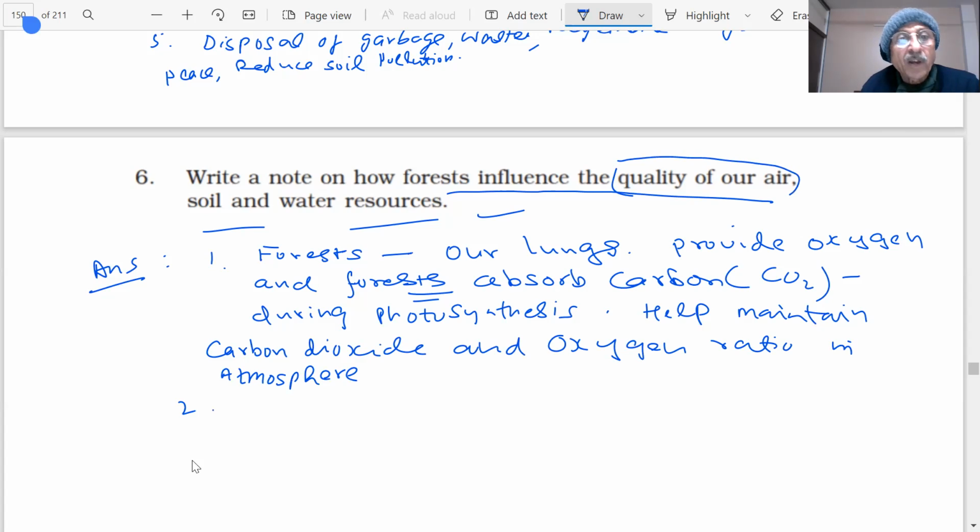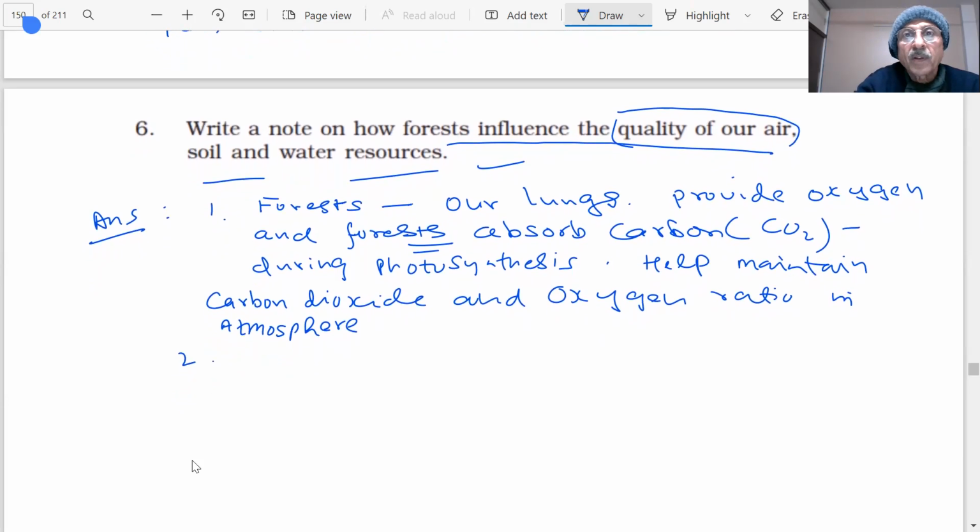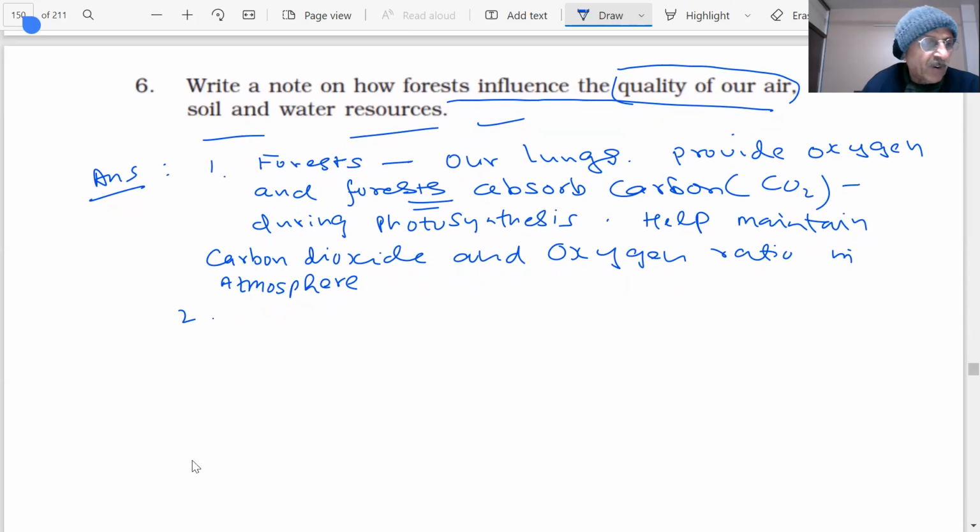What then? Soil. What happens in the soil? There are three things. The roots of trees and plants, what do they do?